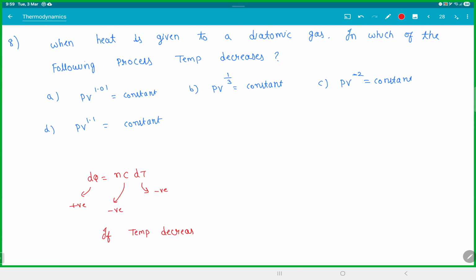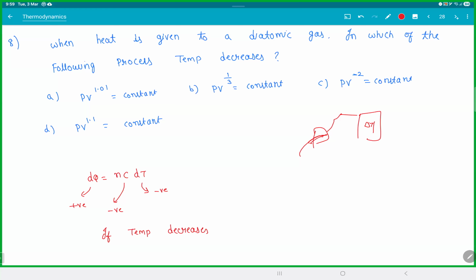If temperature decreases when heat is given, it has a negative molar heat capacity. If I had to give a crude example, think of it like this. Let's say you have a steam engine, you're putting in coal and generating electricity and giving it to a refrigerator. The temperature of the gas inside the refrigerator decreases, isn't it?